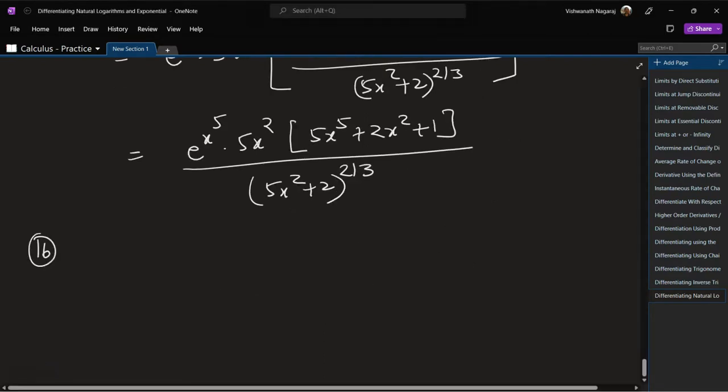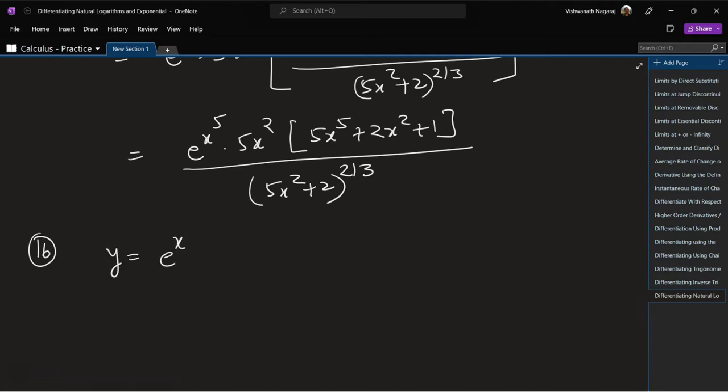Let's look at the 16th one. y is equal to e to the power of x to the power of 3 times (5x^5 + 2) to the power of 4.